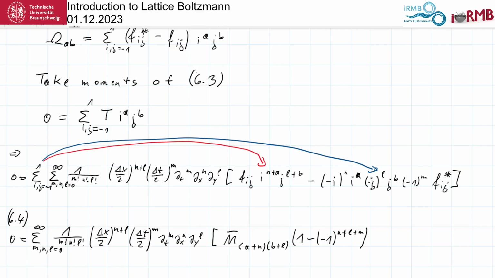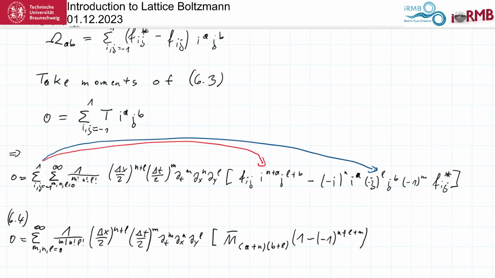You see, when this is even, this will drop out. If the exponent is odd, you will have it twice. So every second one drops out, and otherwise you get them twice.